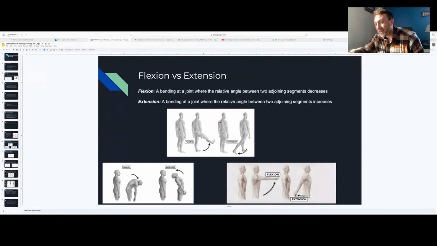But if we think of a hinge, like a hip hinge, for example, or squat or anything like that, right? I know I'm not necessarily lifting my leg up off the ground like you see in that video as I go into flexion here, right? But if I go into a hinge, even though I didn't raise this up, that is still flexion of that hip as I bring these two points closer together.